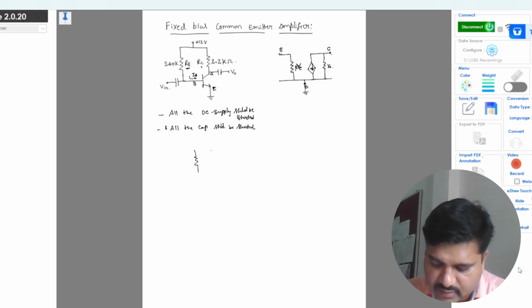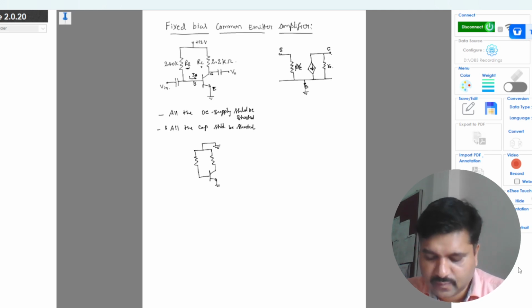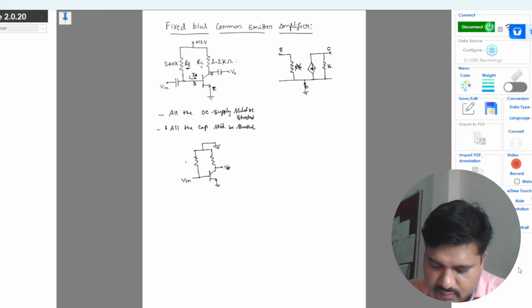With this, the capacitors are shorted and these two terminals will be connected to ground now. So this is my input and this is my output. This is RB and this is RC.